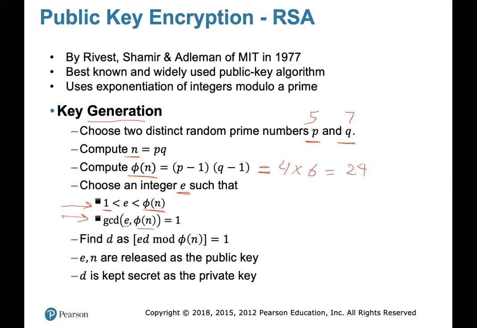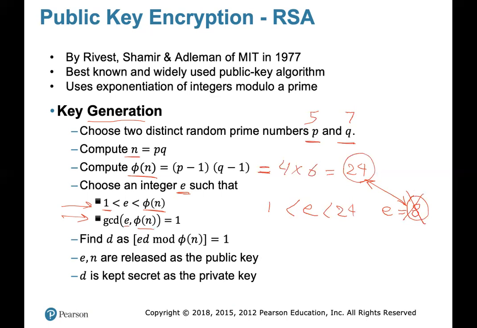Your E should be something between 1 and 24, but of course you are not allowed to use, for example, E of 8, because 8 and 24 have the greatest common divisor of 8. 8 is a divisor of 8 and also 24. So 8 is not allowed. It's not a good number. It's not allowed to be picked as E.